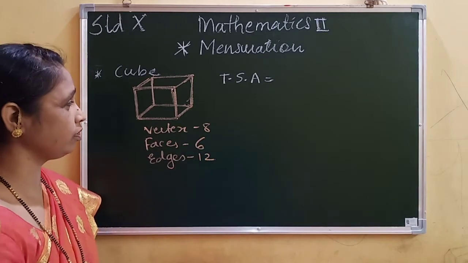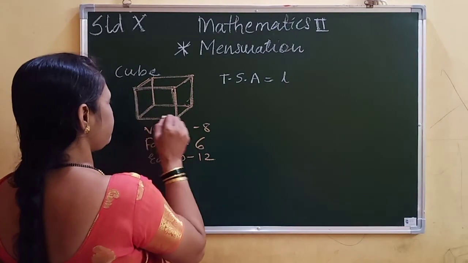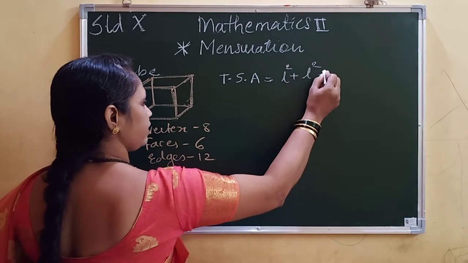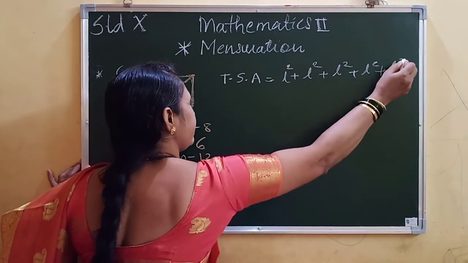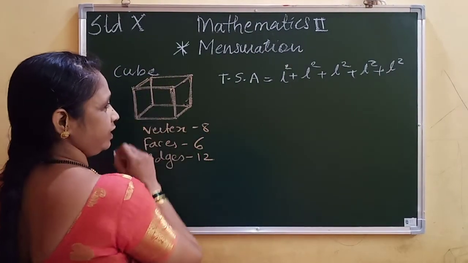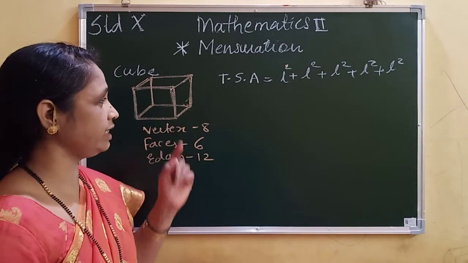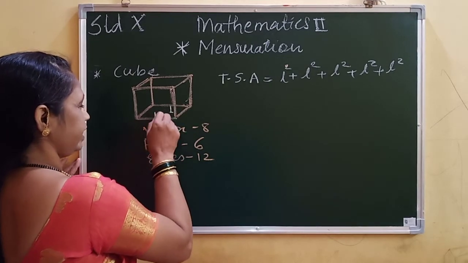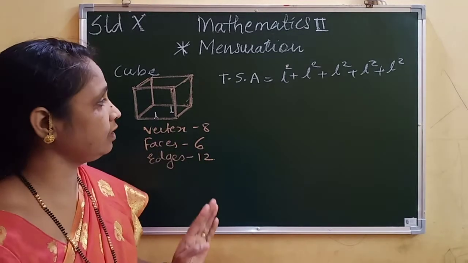So the area of the first face will be L square, plus L square, plus L square, plus L square, plus L square. The area of a face is its side square. The side we have denoted by L, so its area will be L square, as all sides of a cube are equal.